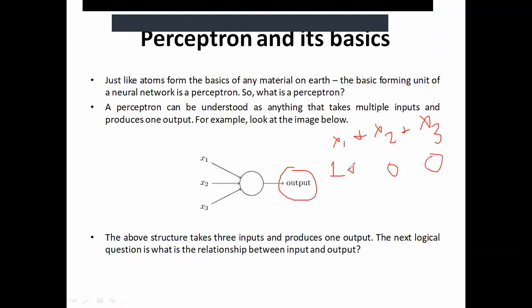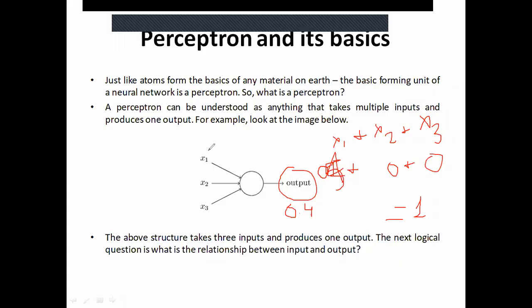You take the summation of these, and you get 1. If you get greater than 0.5, then you say output is 1, otherwise it is 0. Suppose you take 0.4. When you take the summation, the output is 0.4. It is lesser than 0.5, so the output is 0.